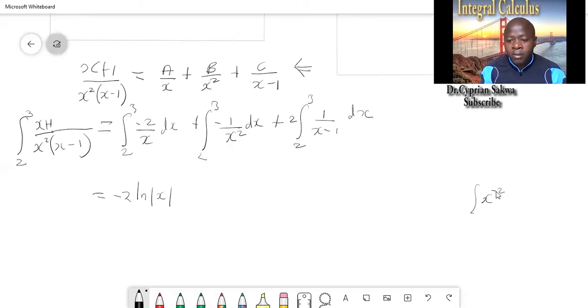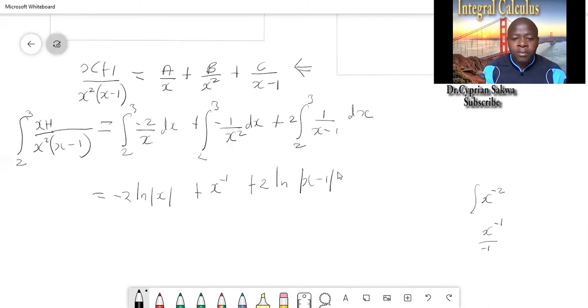So when I add 1 to the power, I would have x raised to negative 1 divided by negative 1. This negative with this negative will give me positive, so positive x raised to negative 1. And then this one will be 2 ln of (x minus 1).